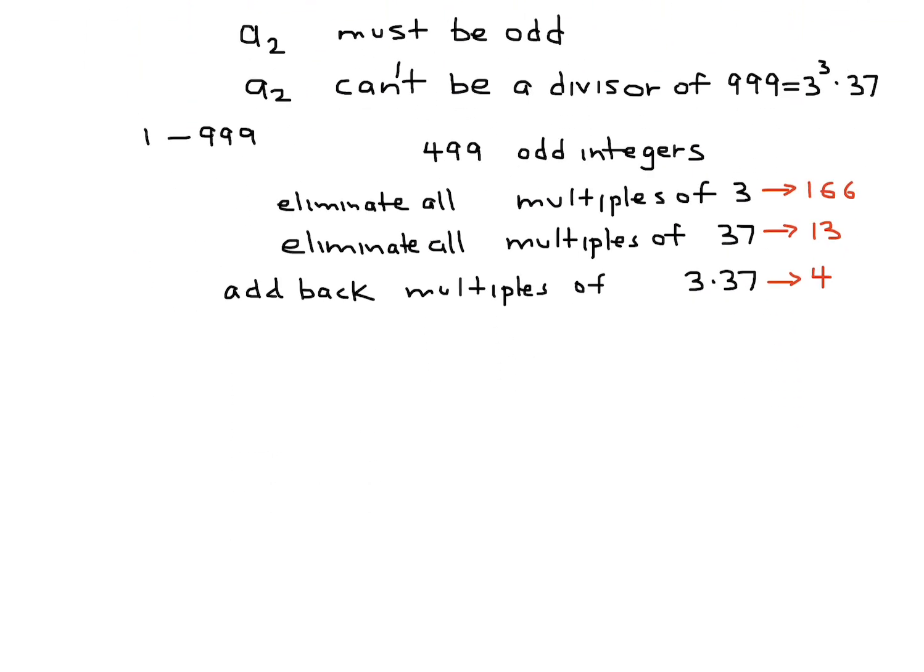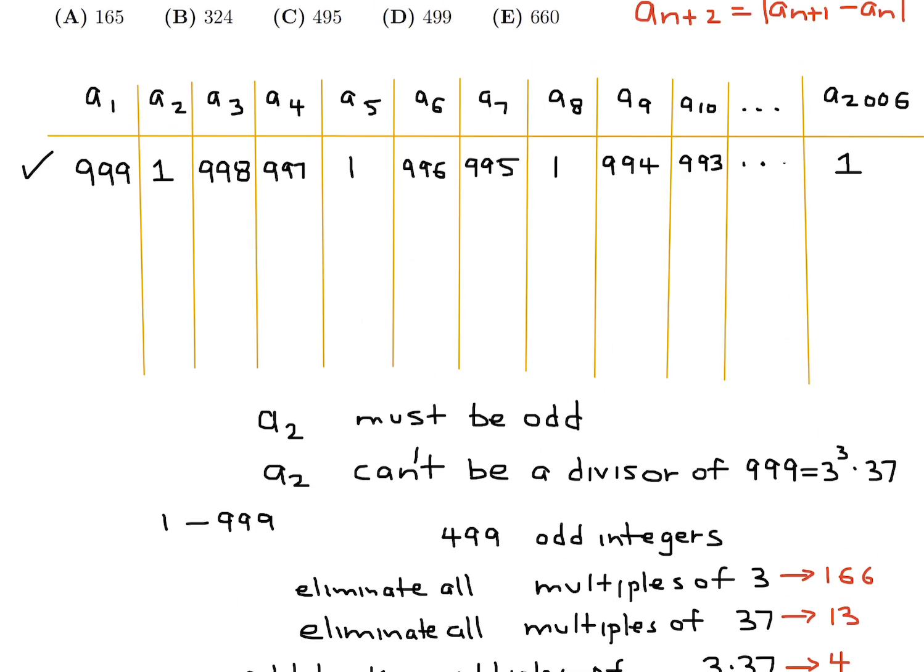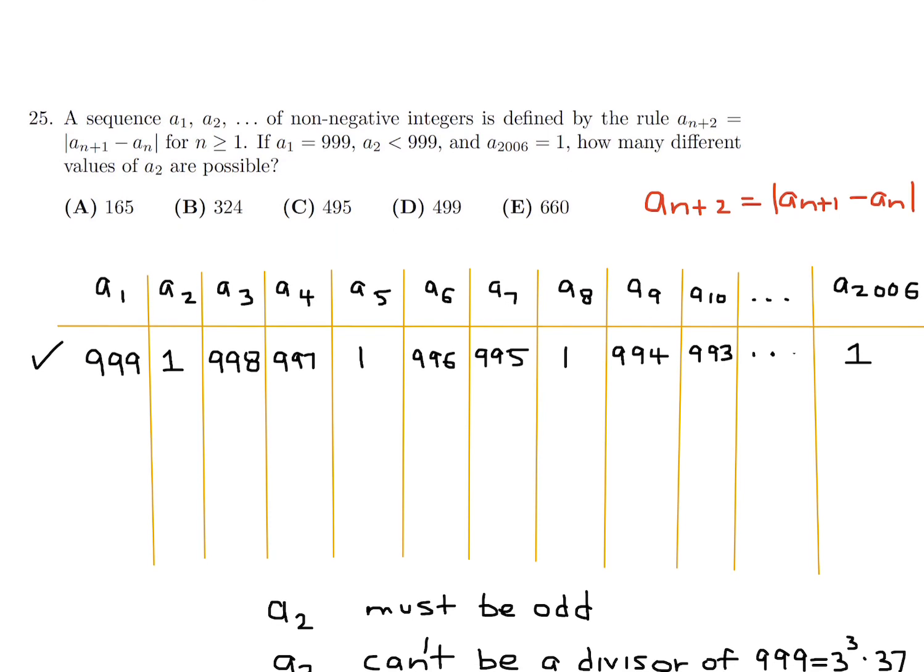So our grand total for the possible values of a2 will be 499 minus 166 minus 13, and then add back 4 because we subtracted those twice, so we've got to add one set back. And if you do this, this becomes 324. And that would make this number 25 answer choice B.